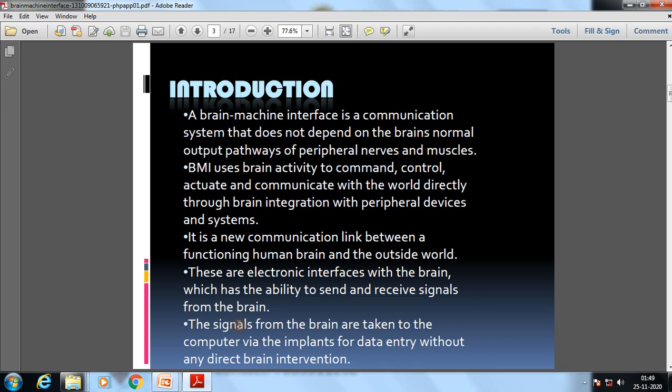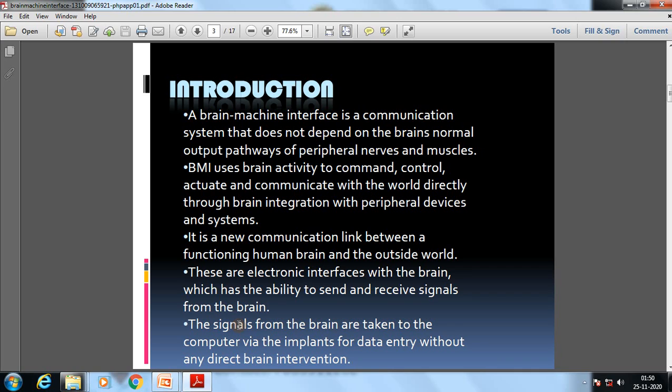A brain machine interface is a communication system that does not depend on the brain's normal output pathways of peripheral nerves and muscles. BMI uses brain activity to command, control, actuate, and communicate with the world directly through the brain's integration with peripheral devices and systems.